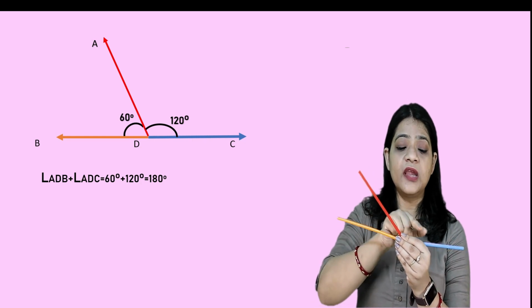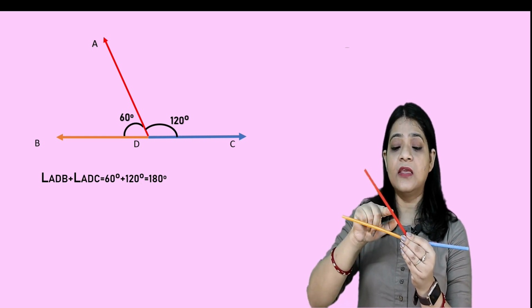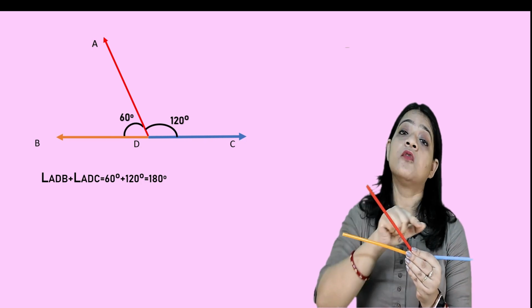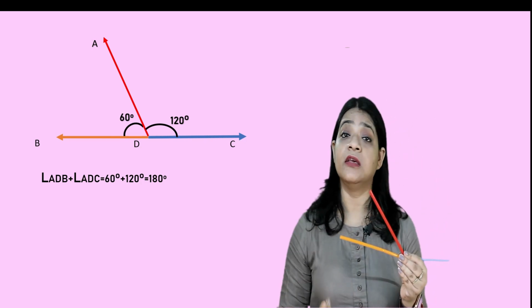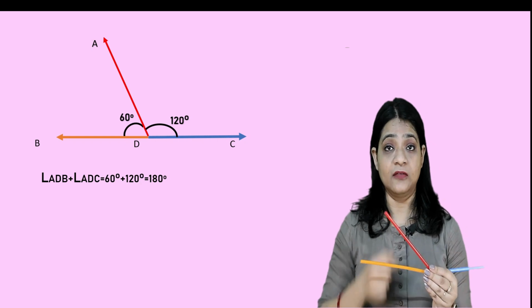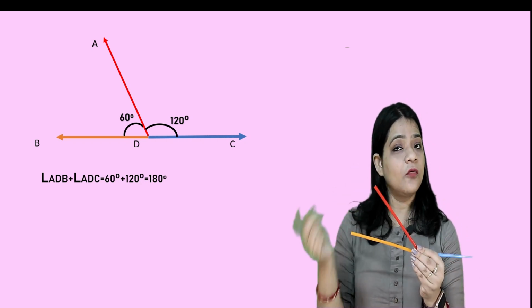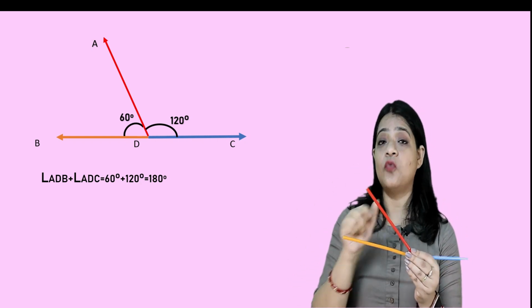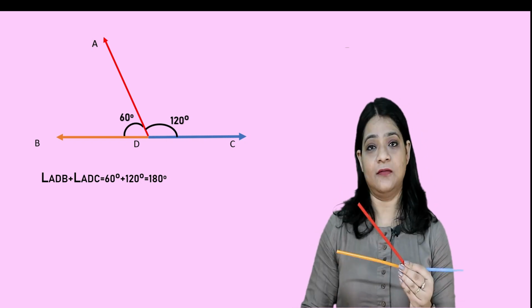If this measures 120 degrees and this measures 60 degrees, then 120 plus 60 gives you 180 degrees, and these two angles are called supplementary angles.